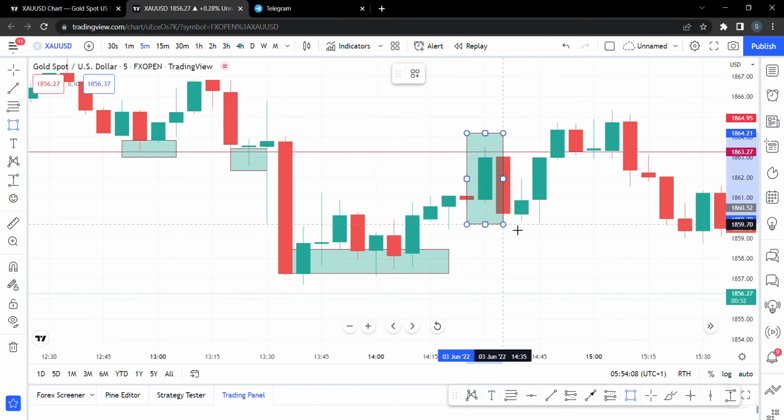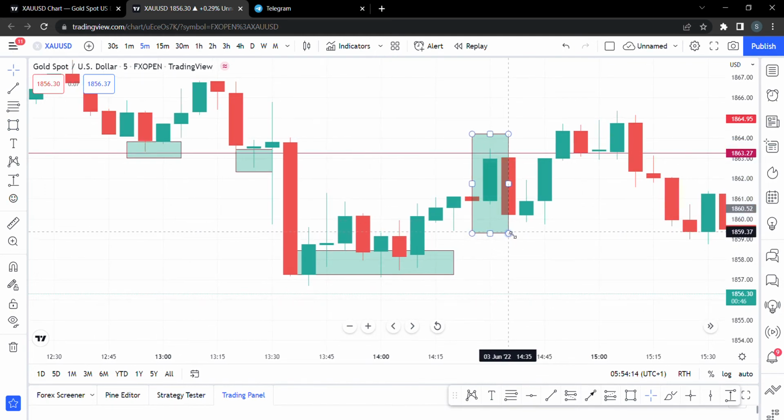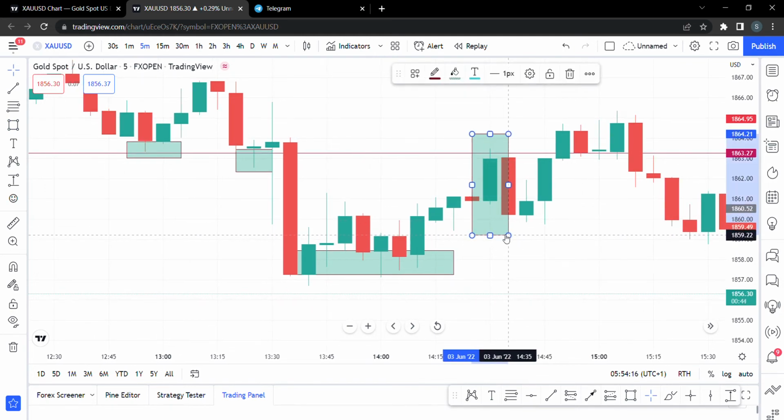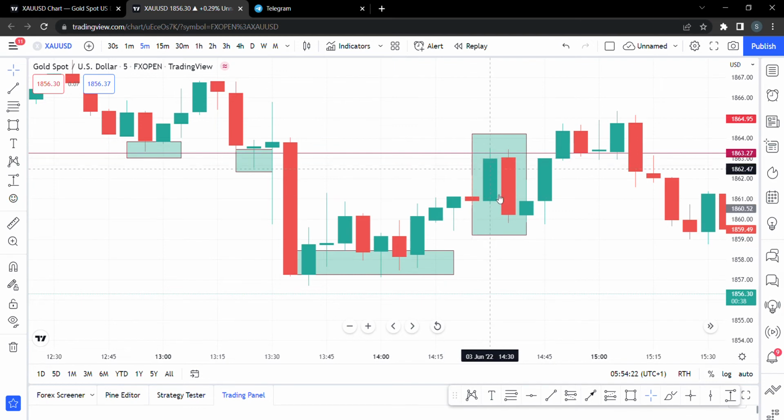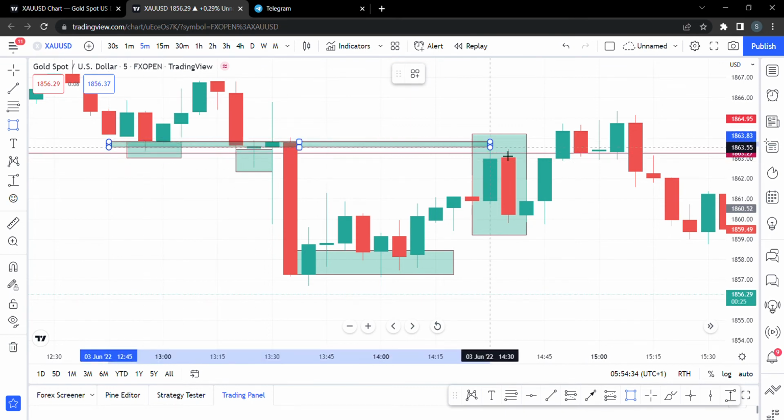This is a serious engulfing candle formation. You can see this smaller bullish candle engulfed by a bearish candlestick, right? At an area of what?